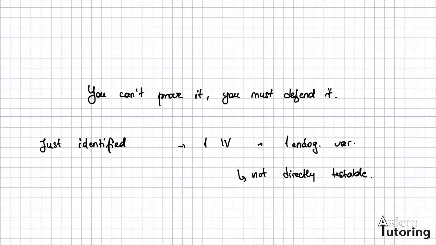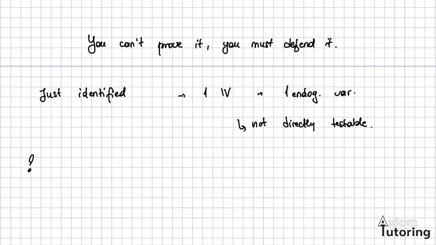In a just identified model, we use all the variation from Z to estimate the beta one. There is no variation left over to test whether Z also affects Y directly, okay? So this is quite important.